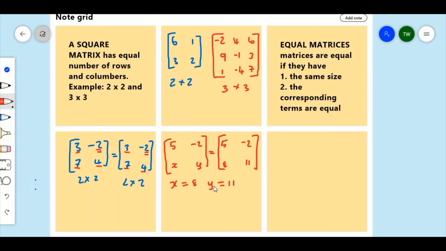Let's look at another example. Let's say that we have the matrix 5, 3 minus X, 2P plus 4, and 3.